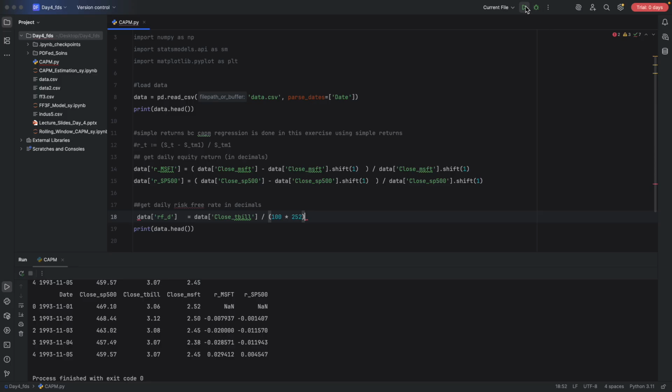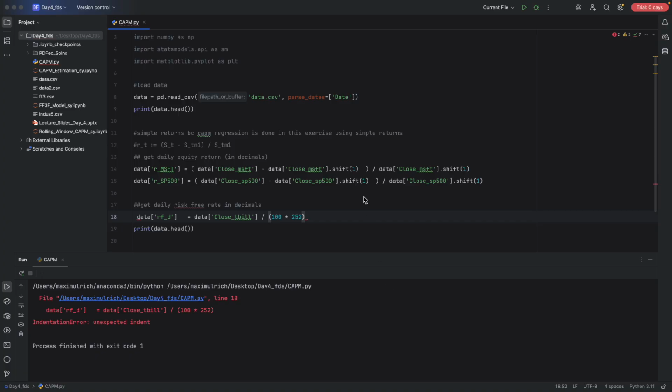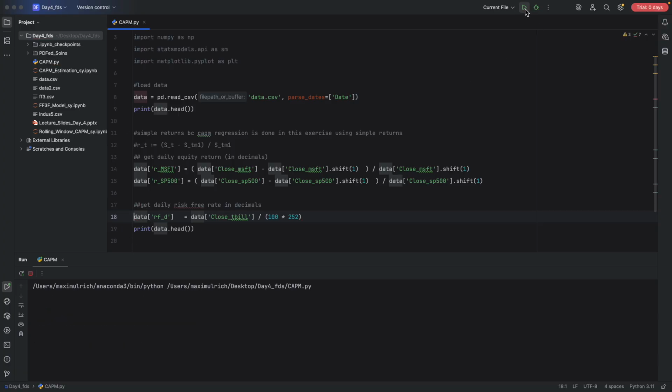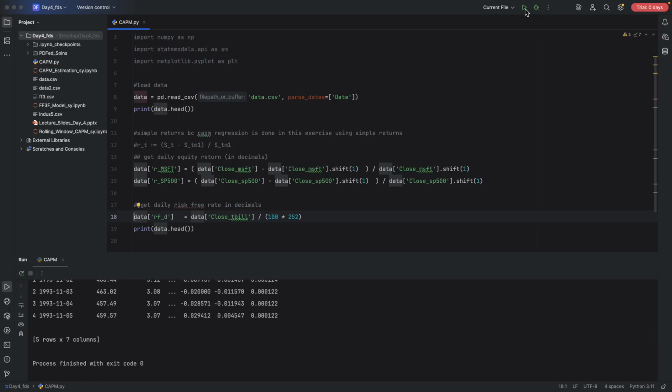Okay. If we look at the data, there is a mistake. What is the mistake? You see the indentation.